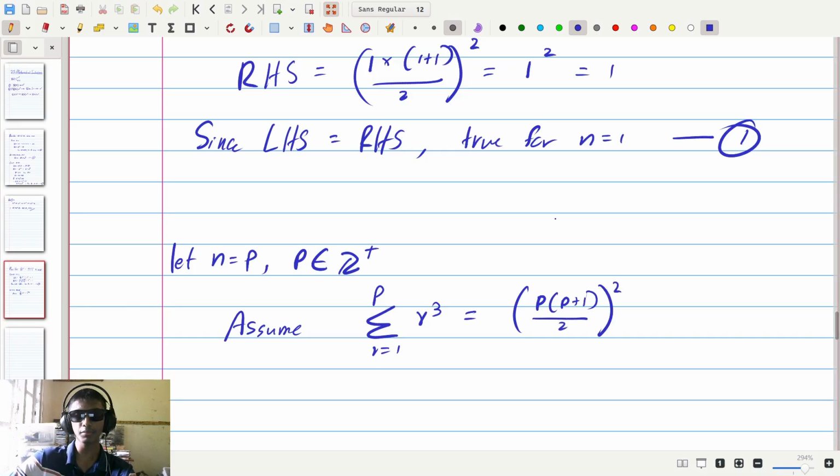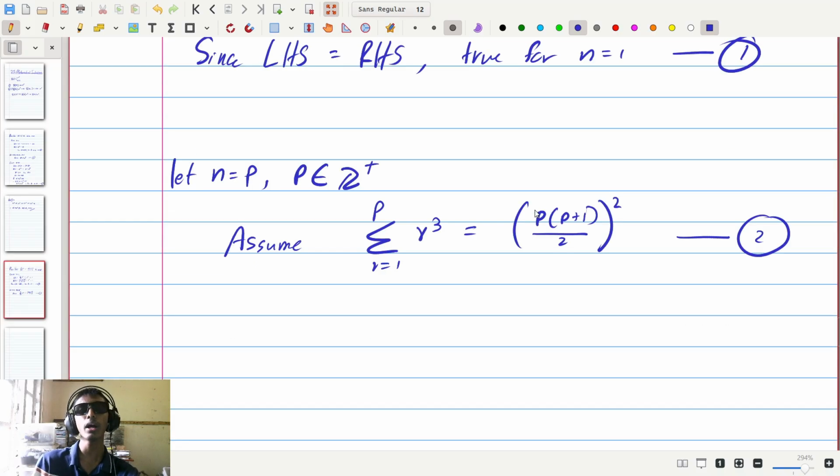And given this assumption, which I'm going to call statement number 2, we are going to have to prove that it's going to be true for the next value of n, which according to our rule is going to be n equals p plus 1, since we want the next number to be 1 plus the previous number.